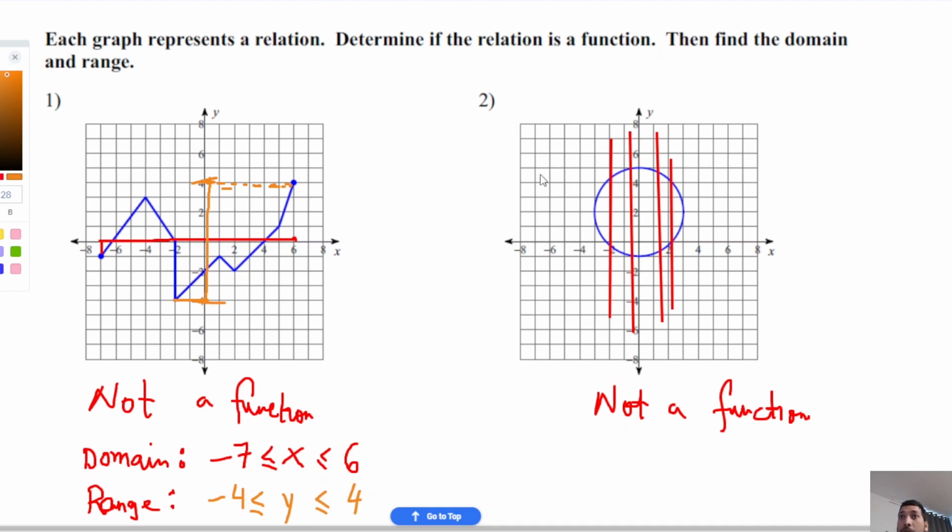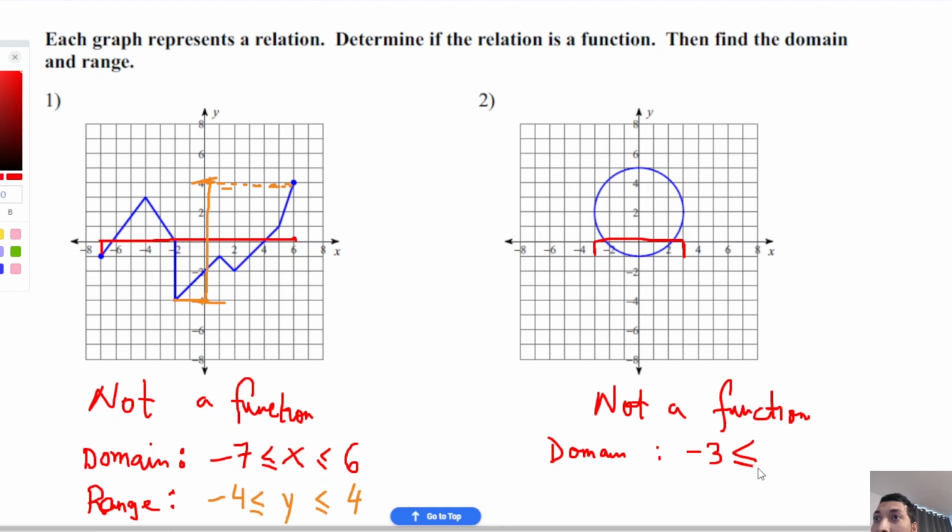Now let's look at number 2 here. For number 2, you can see that the lowest value on the x-axis is -3 and it's going all the way to +3. So you can write that the domain is -3 less than or equal to x to represent the domain variable, less than or equal to 3, which is the maximum value.